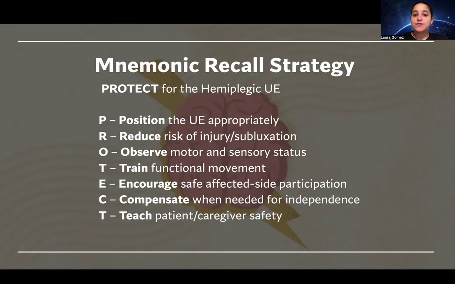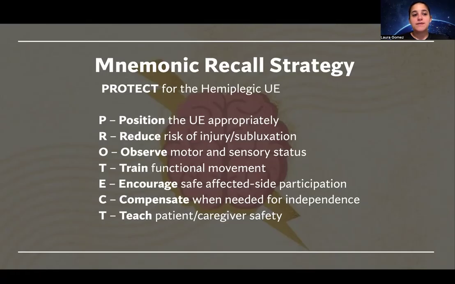O for observe motor and sensory status. This is very important because these patients are going to have a lack of motor and sensory input in their affected extremity. We have T for train functional movement, so we're going to reteach that extremity to start moving again. E for encourage safe affected side participation.